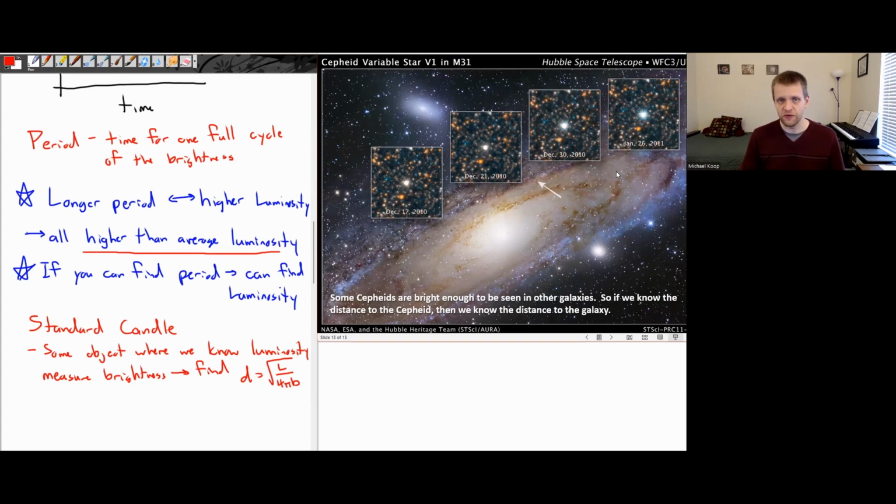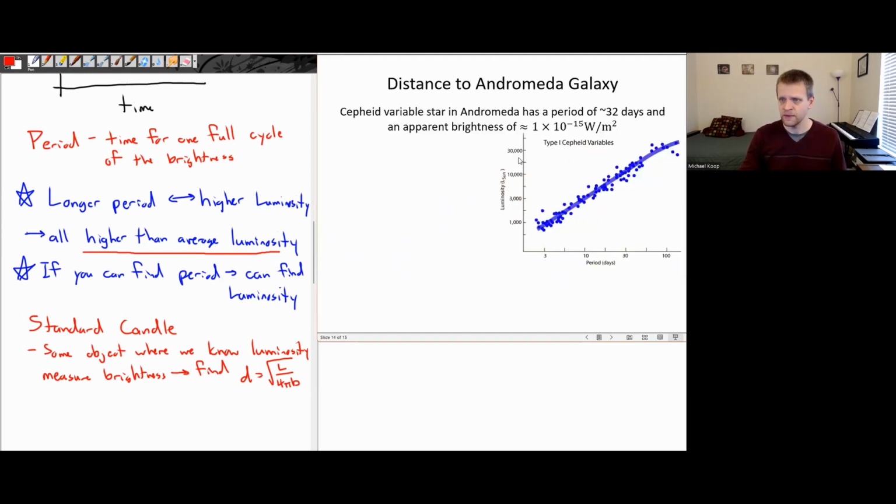And he was the first person to use this method to actually measure the distance to another galaxy. At the time, there was a large debate on whether these fuzzy objects on the sky were objects in our own Milky Way galaxy, or whether they were, in fact, other galaxies themselves containing hundreds of billions of stars.